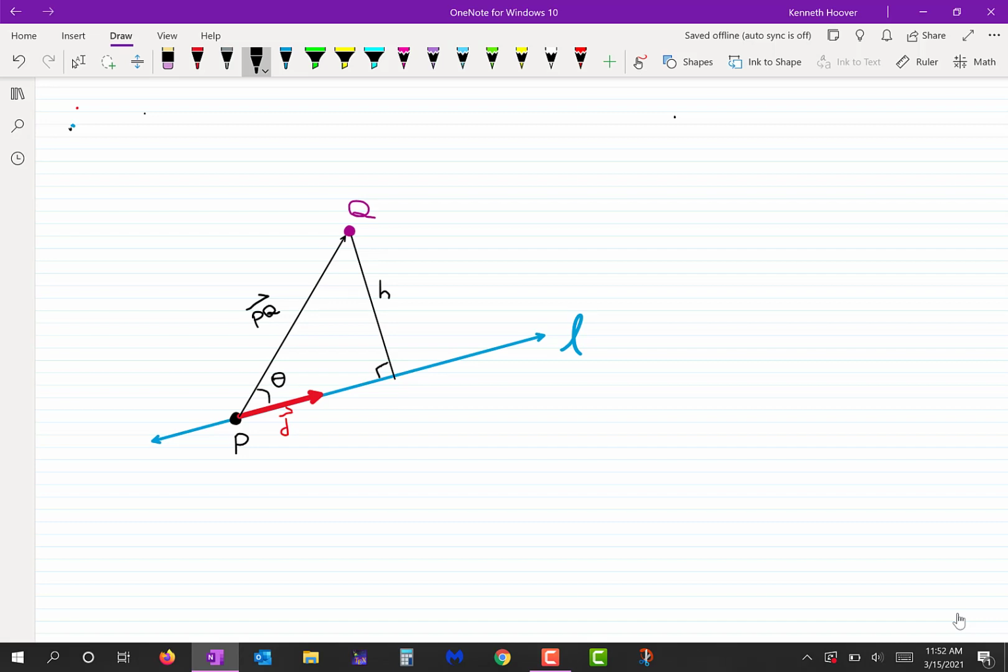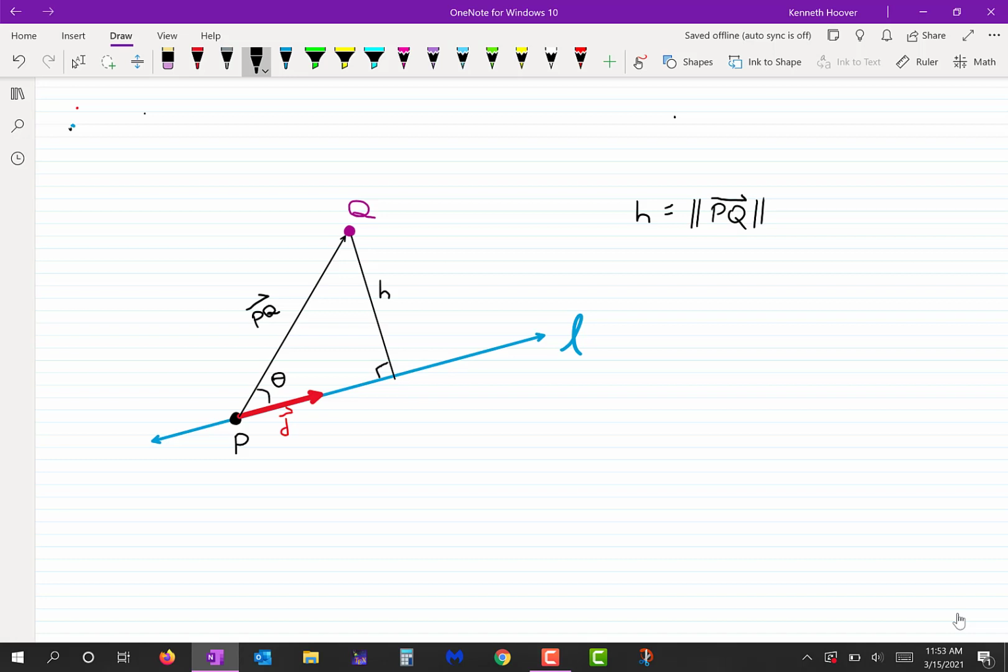Now, I know a couple of things. I know from trigonometry that the length of h equals the length of vector PQ. I'm not putting magnitude symbols around h because h isn't a vector. Do you see that? There's no arrows on that line segment.